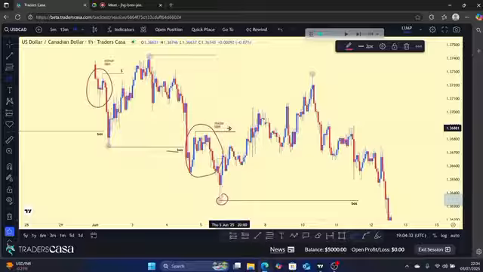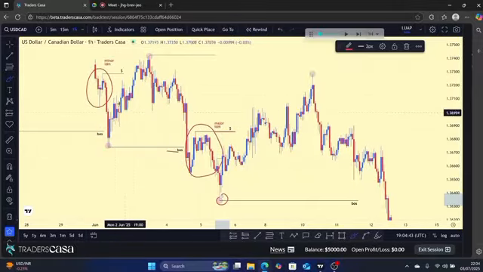Now I said that there are two types of inducement, the minor inducement and the major inducement. And right now I'm distinguishing them: the minor inducement is the one that occurs even though the context is the same. When I say the context is the same, it is the recent buy side liquidity that price has taken out to confirm this swing point.